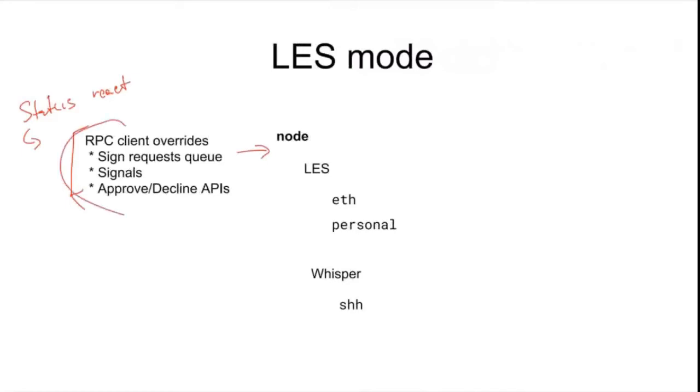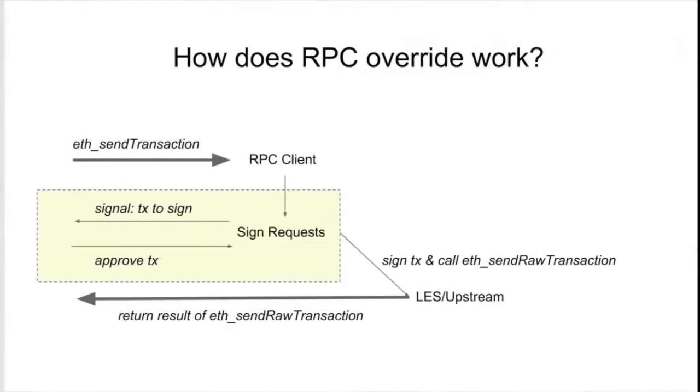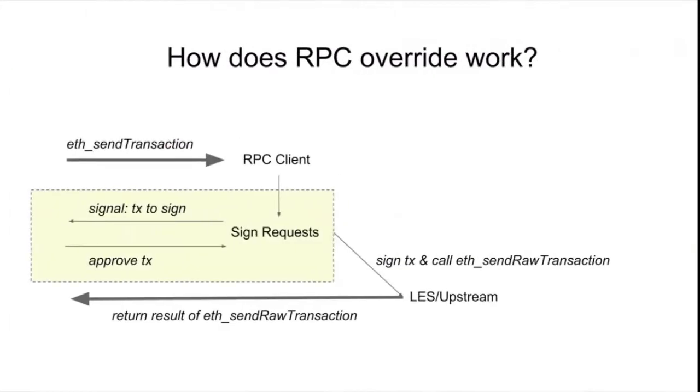So how does this work in detail, more or less? When, for instance, the client sends some method, for instance send transaction, it goes to our code. And here we just stop it. We don't respond back, we don't do anything. We freeze the code in here, and we add a sign request to the queue.